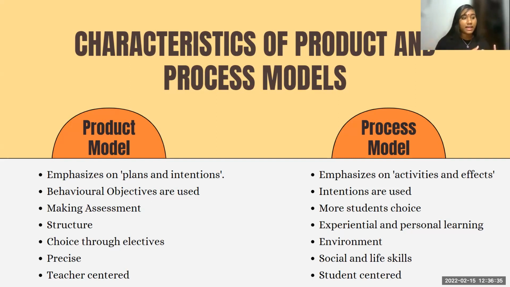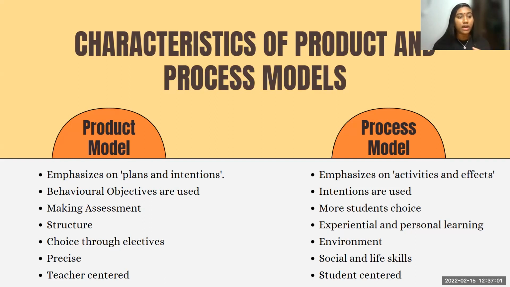Maybe they need an environment where they are surrounded by their friends or something that they like, so that they can learn information faster than the more traditional way. Social and life skills come in handy in the process model as well, because they are experiencing and putting it into work.